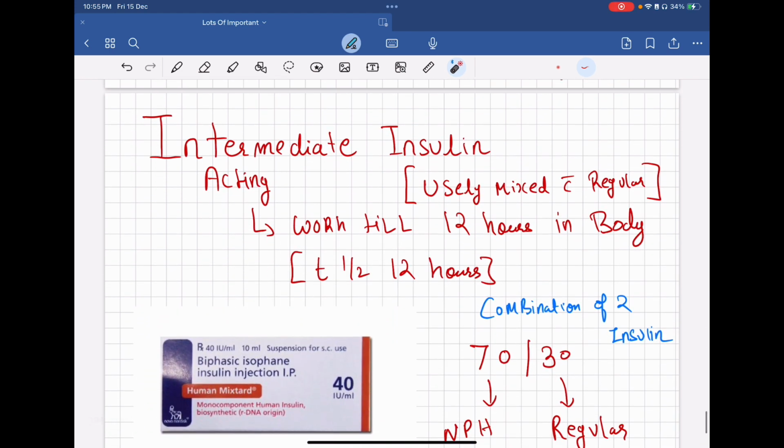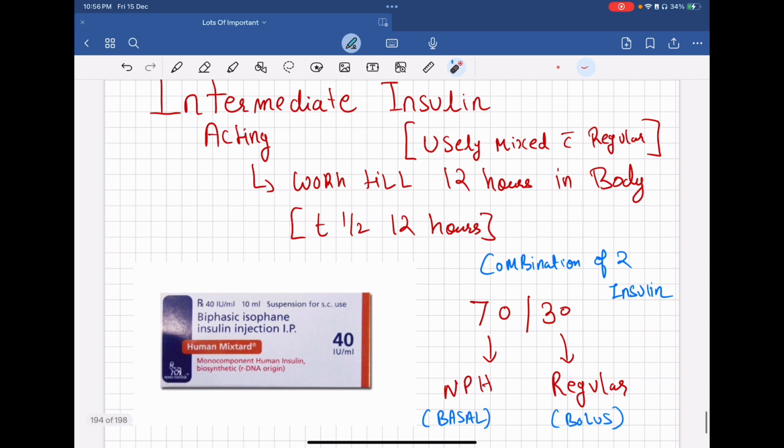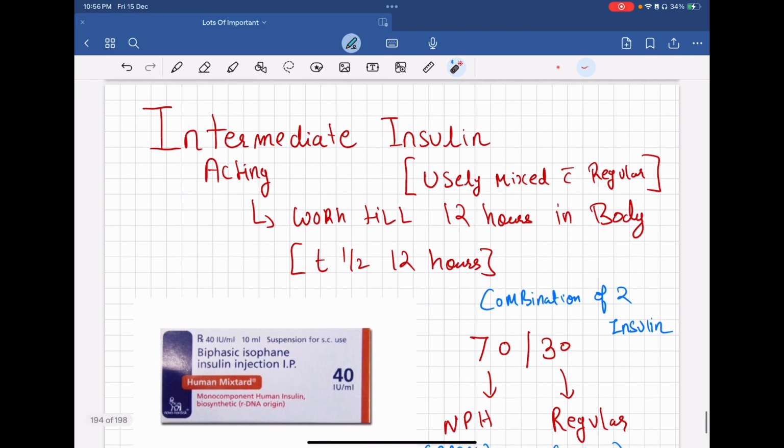Now talking of NPH, intermediate acting insulin, it is usually mixed with regular insulin, and the common brand name is Human Mixtard. You must have heard about this combination 70-30, where 70 is NPH, acting as basal insulin here, and for bolus coverage, 30 of regular insulin is given. It's a combination of two insulins, Human Mixtard, right?